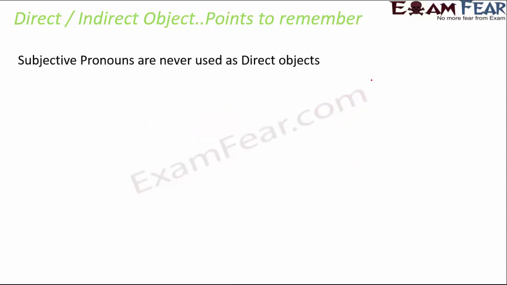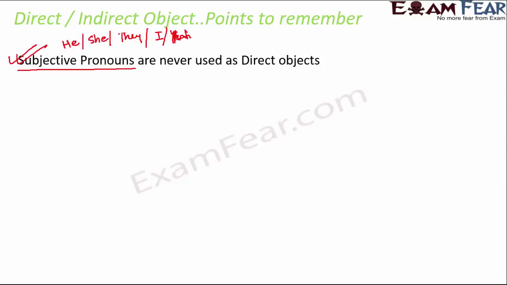Next important point. Subjective pronouns are never used as direct objects. So you must be thinking, what are subjective pronouns? All those pronouns which are used as subject in a sentence. For example, he, she, they, I, you, we.